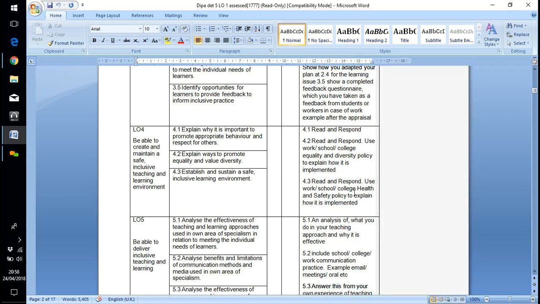Again, read and respond. Use the work, school, college health and safety policy to explain how that is implemented as well. In quite a lot of junior schools, it is on a fairly low level, but it will still be there. It'll be things like having wires all over the place when you've got a classroom set up. But as you get into more senior schools where they've got labs, then this becomes a much bigger issue in terms of health and safety, making sure that safety glasses, gloves, and all the other bits and pieces they have to use in the lab are available.